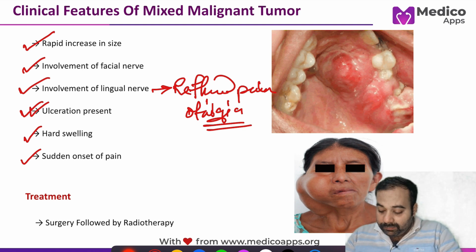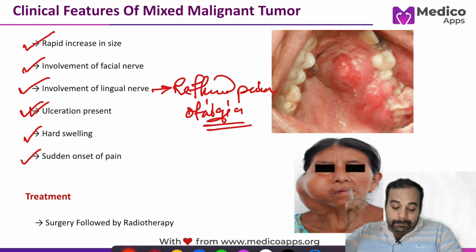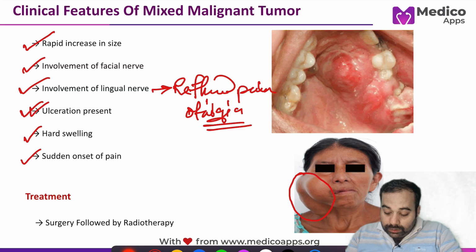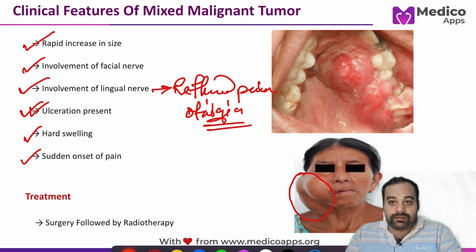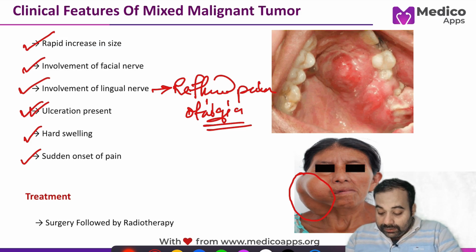Let's try to see this image. Okay, so obviously there is a mixed malignant tumor of the parotid gland with a malignant transformation. So it's a large tumor, you can see that, and there is a rapid increase in size. Eventually, it involves the facial nerve. You can see that angle of mouth deviation is also being seen in that case.